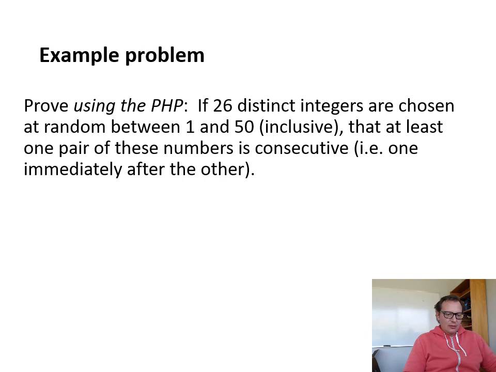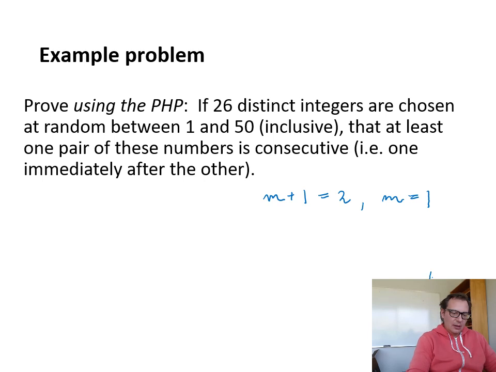So we have at least one pair. So that means that m plus 1 is equal to 2, which means that m is equal to 1. And then we have 26 items that we are distributing.